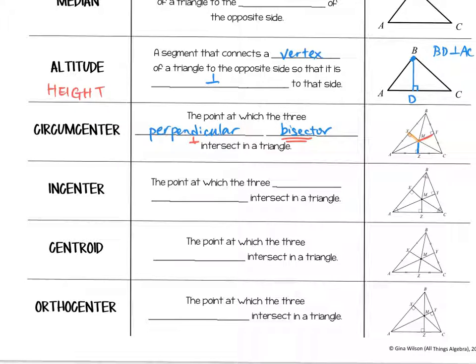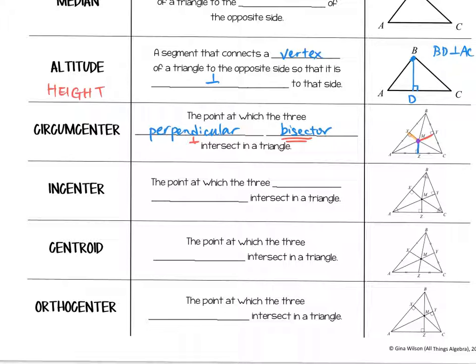And guess what? These three meet in the exact same spot, and that spot, which I'll mark in purple, called M, is called the circumcenter.